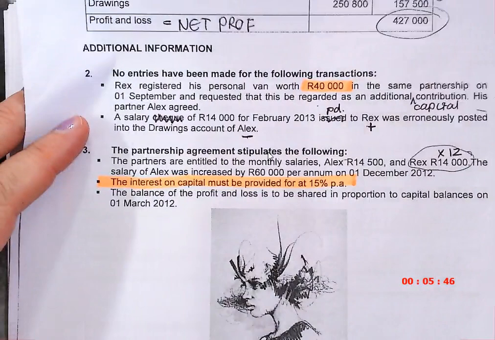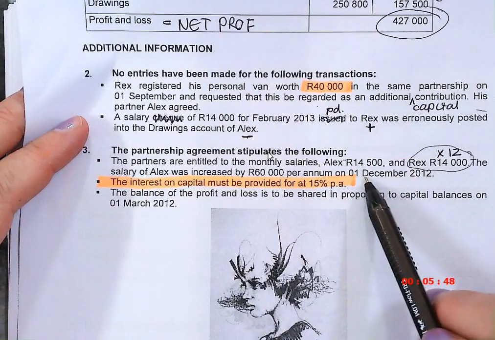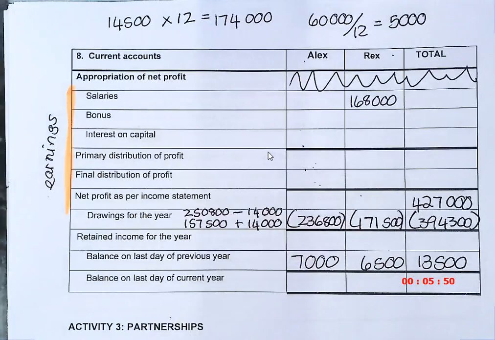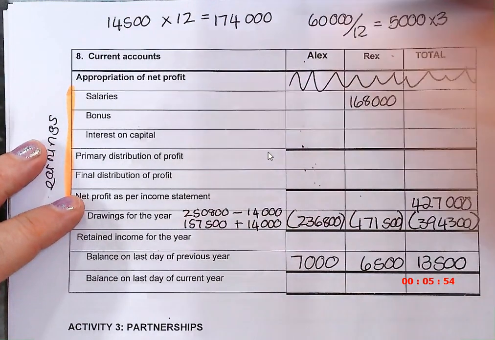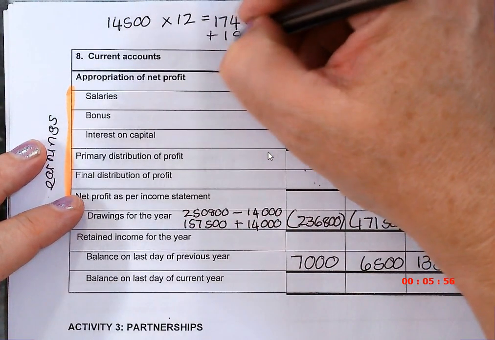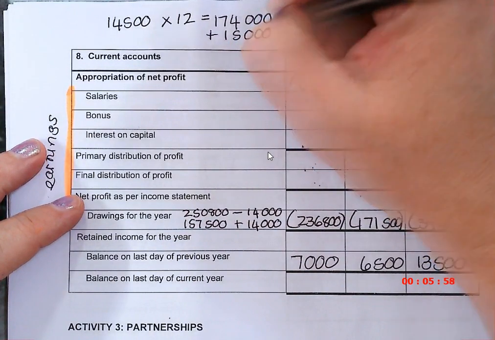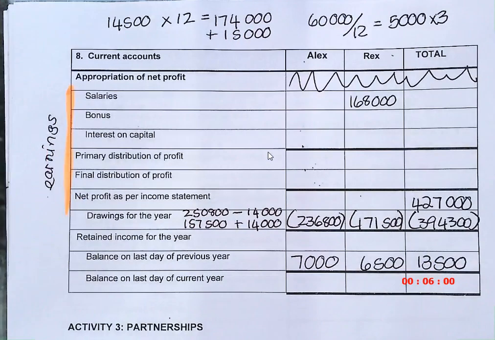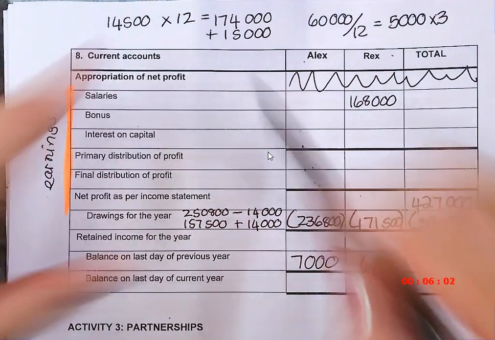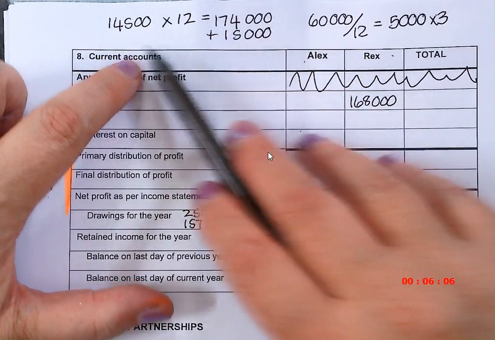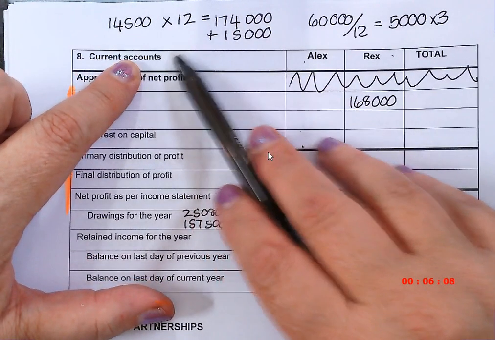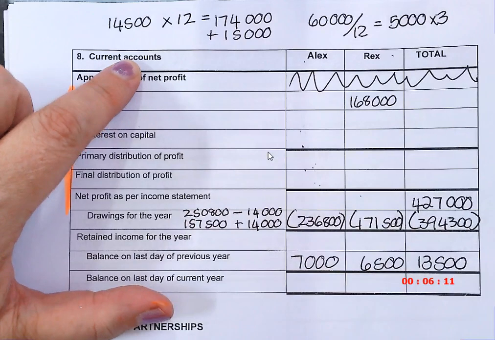Okay? But now, when did that increase come into play? 1st of December. So it's only December, January, February. So it's only for 3 months that he got the increase, meaning 15,000. You see? You could have also done it differently. You could have said 14,500 for 9 months, 19,500 for 3 months.